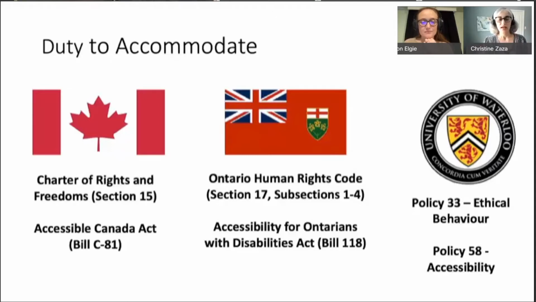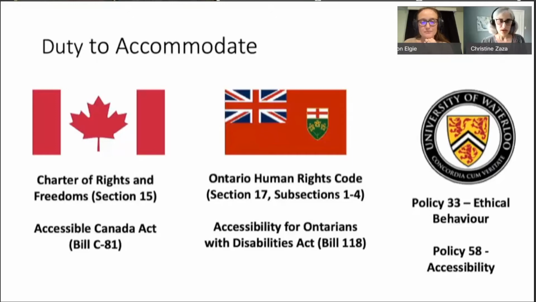Now, taking this down to our own campus community at the University of Waterloo, for quite a few years we have had Policy 33, which talks about ethical behavior. More recently, in the last 5 years, we've developed Policy 58 on accessibility.